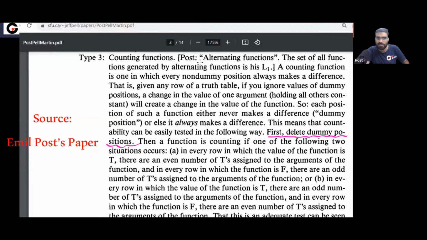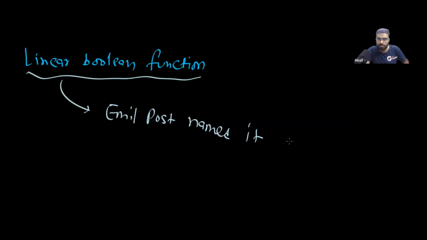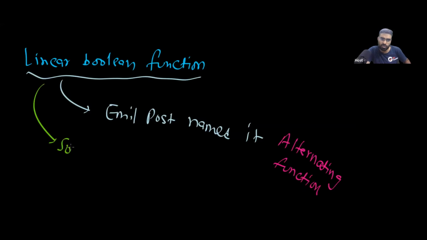You can see here, alternating function. Some people call it counting function. Some few authors, very rarely it is called that, but the point is, one author calls it counting function.